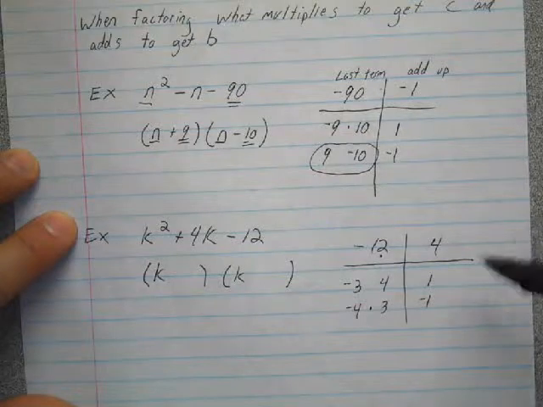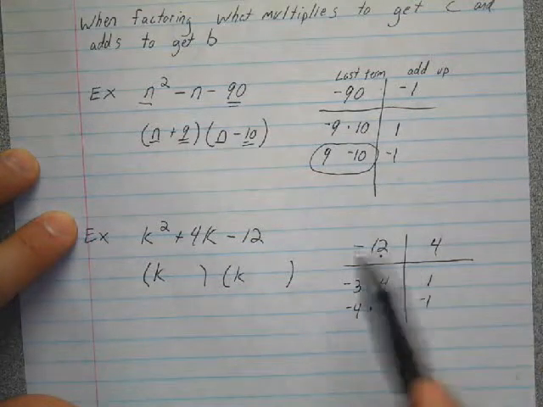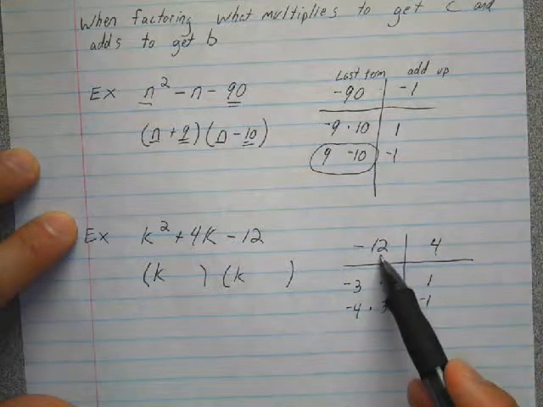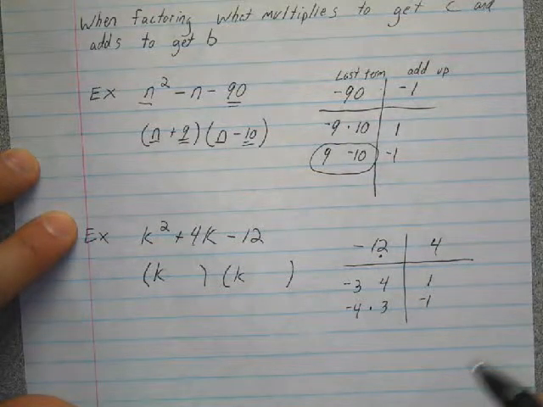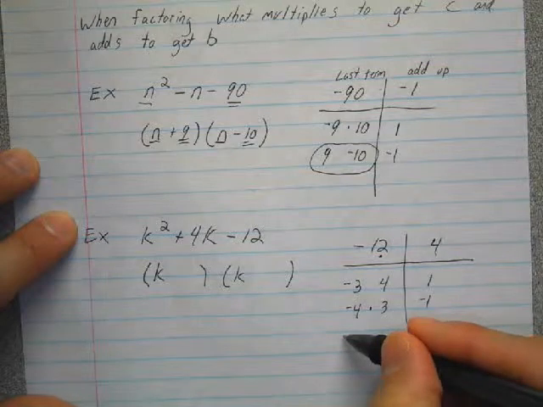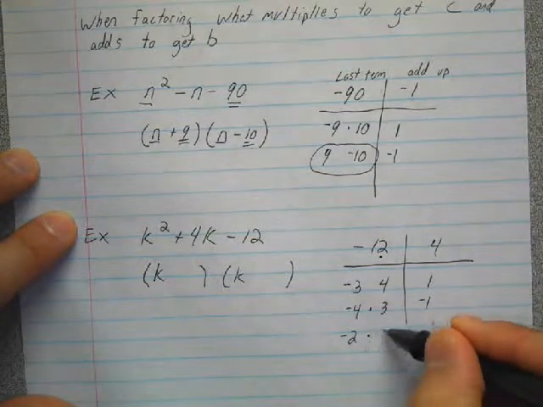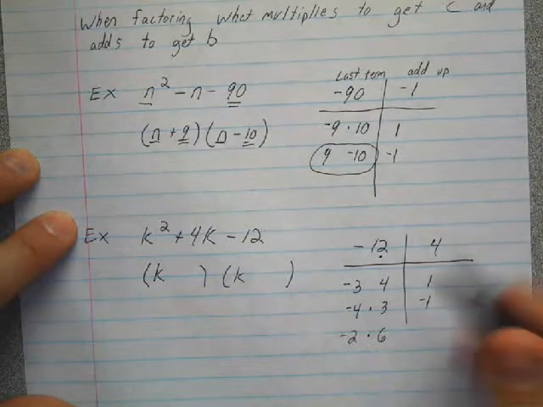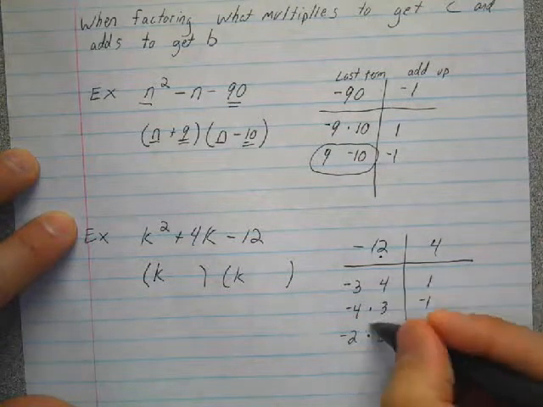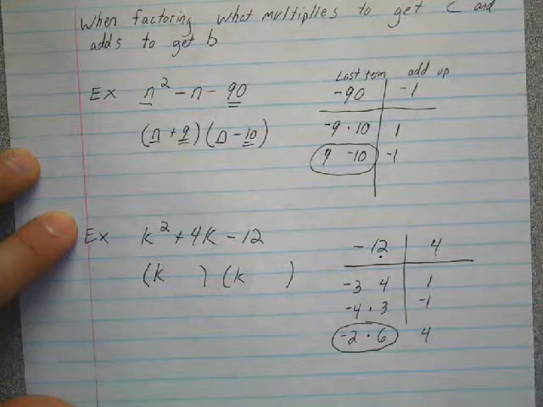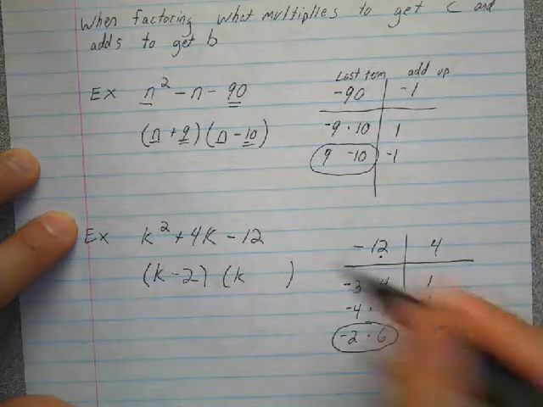I need to find what times what gives me negative 12, but adds up to be 4. So I can keep going through the factor pairs. I could try negative 2 times 6. If I add those up, oh, I get 4. So I don't have to keep going. This is going to work. So I can put negative 2, positive 6. I'm done.